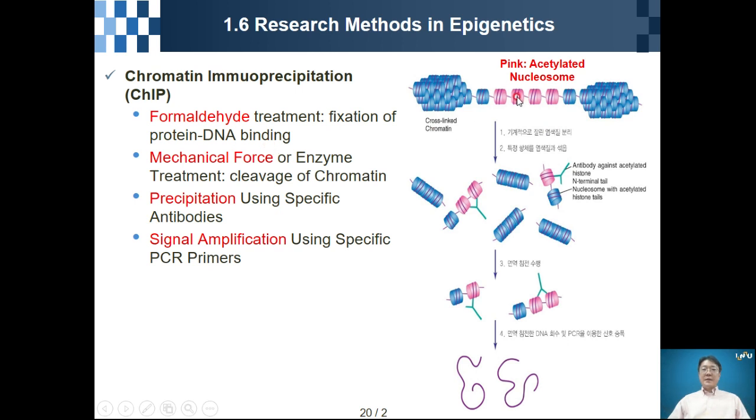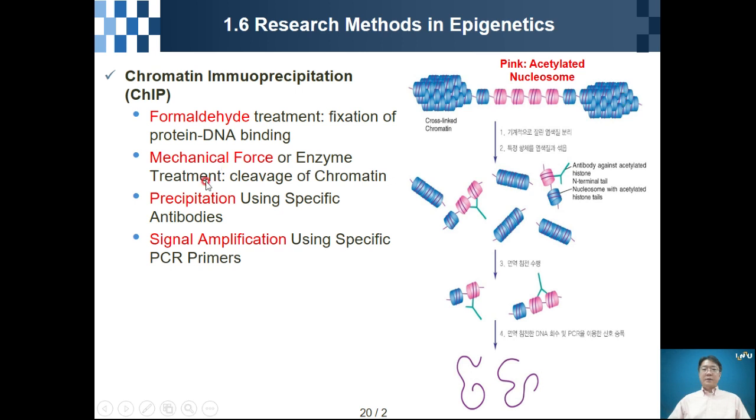So after that, we can fix the protein and DNA bindings. In this region, this is the heterochromatin region, and this is the euchromatin region. The euchromatin region is usually highly acetylated. This is one example. Usually we do mechanical pulses, or sometimes enzyme treatment. After that, we can cleave the chromatin.